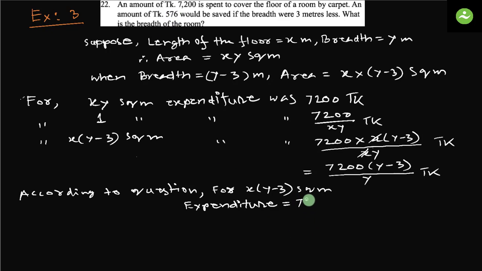So 7200 minus 576 equals to how much? 6624. 6624 taka.